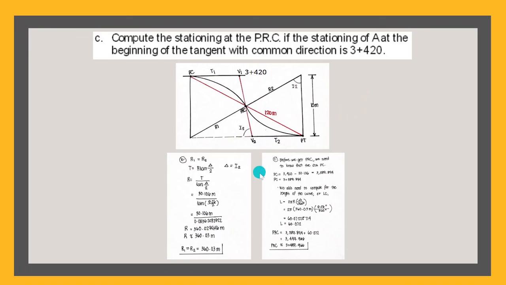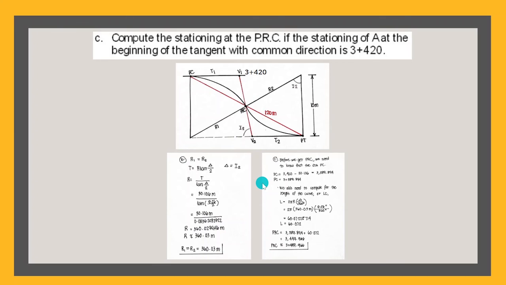So to get our PC, we need to solve 3,420 minus the length of our tangent, which is 30.106, is equal to 3,389.894. Or PC is equal to 3 plus 389.894.